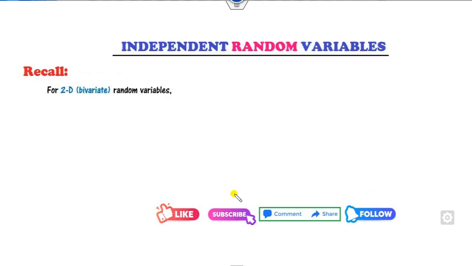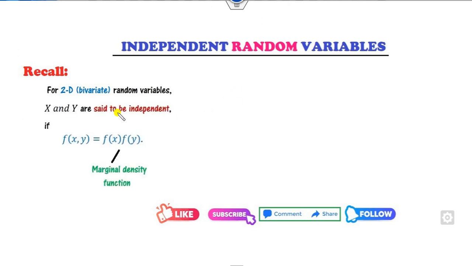Now recall that whenever we are talking about a one-dimension or two-dimension random variable, two random variables are independent when the joint density function is equal to the product of the marginal density functions.